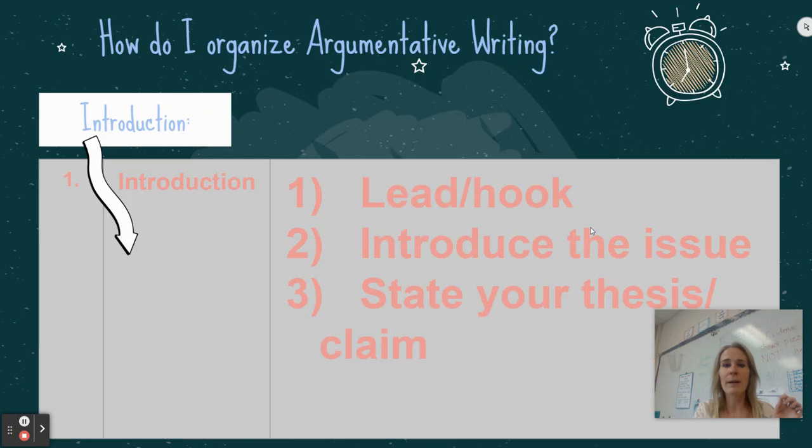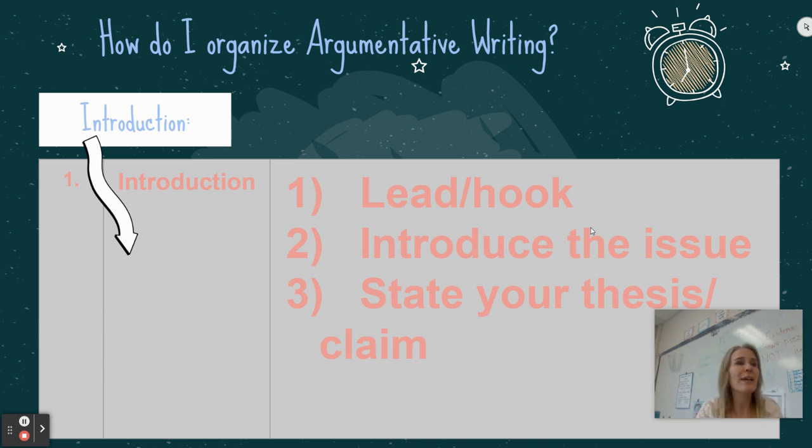So the introduction paragraph is going to have 3 specific sentences you're going to be writing. The first one is going to be the lead or the hook. And if you remember back to our other writing units, the lead or the hook is that interesting first sentence that's going to hook your reader in and keep them interested. The second sentence in your introduction is going to be where we introduce the issue.